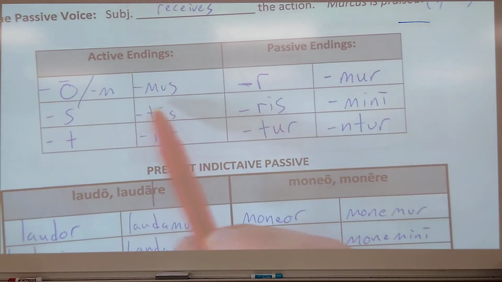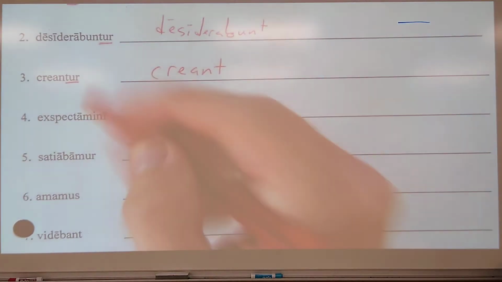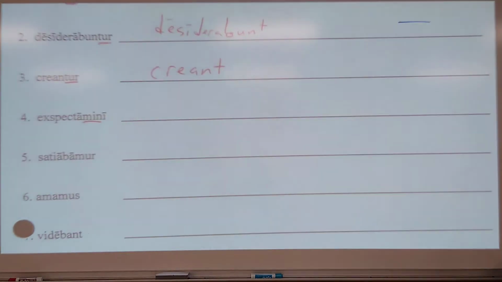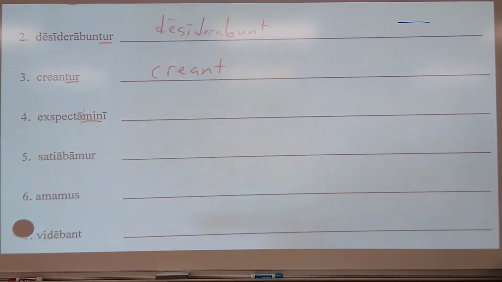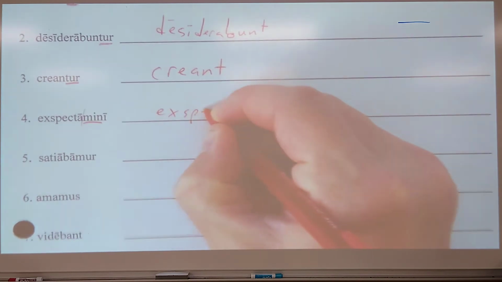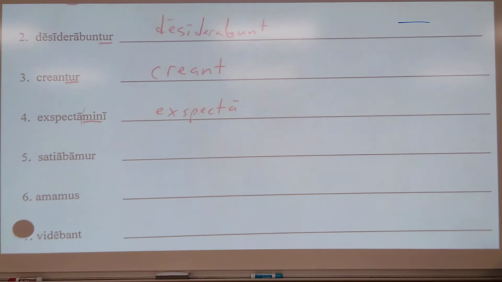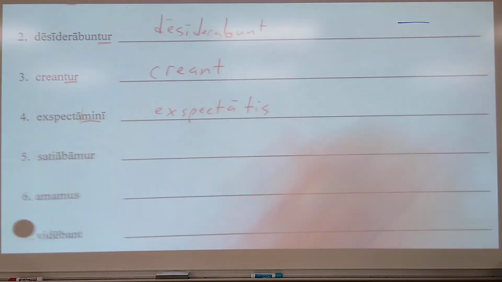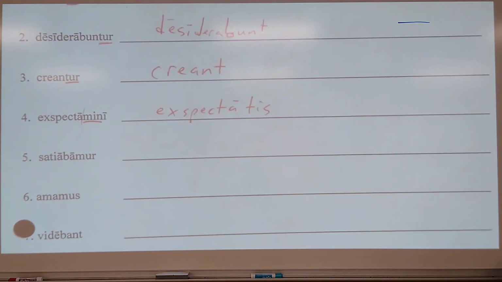In the active, it's tis. So what we have to do is identify our ending, chop it off, and write our stem again. Our second person plural active ending is tis. So expectatis.